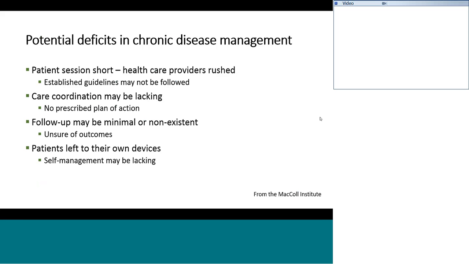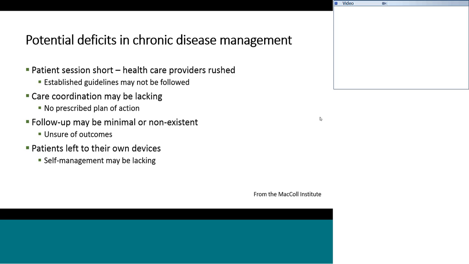According to what used to be the Group Health McCall Institute, they had identified potential deficits in chronic disease management. And these all kind of flow into one another. They've talked about rushed practitioners who may not be following established practice guidelines because the session times keep getting shorter and shorter.